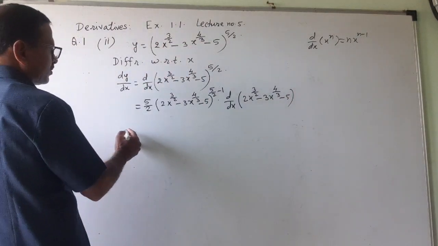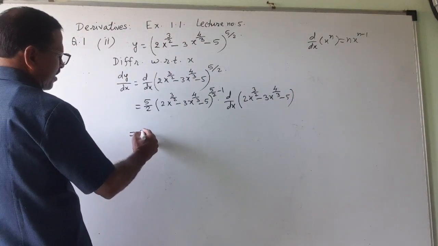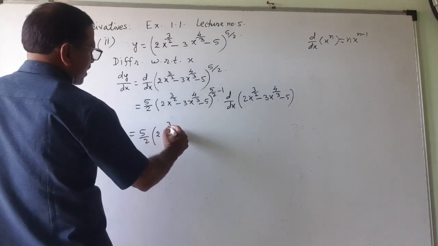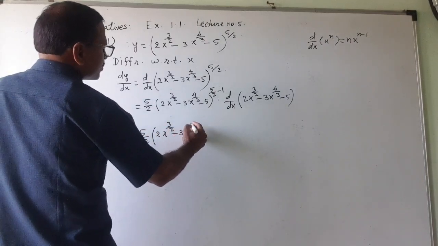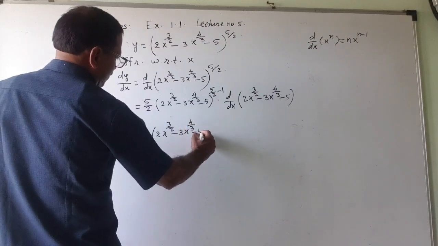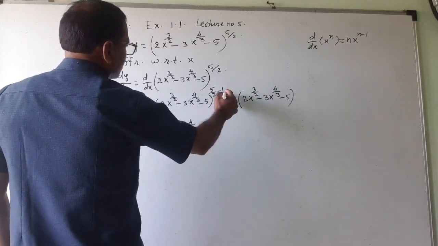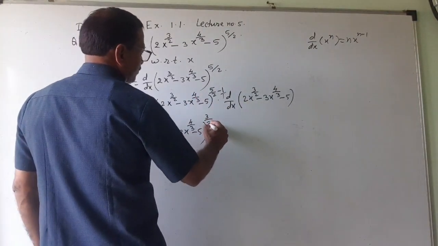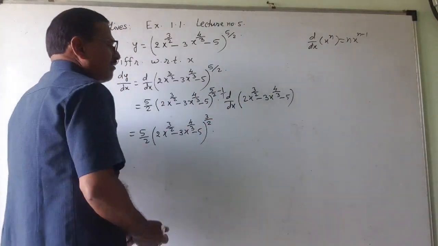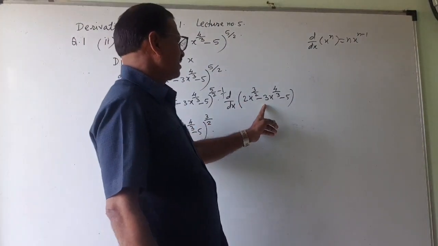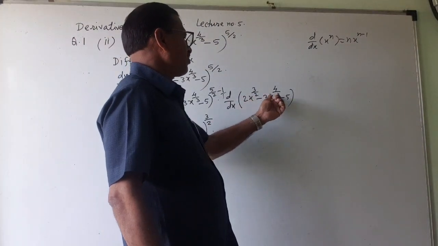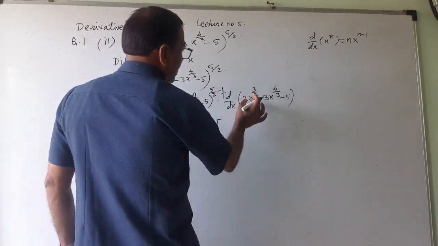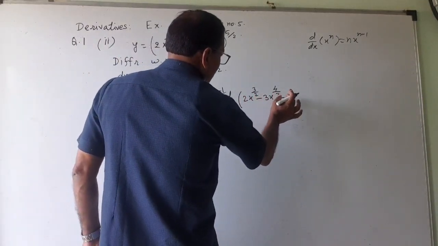So that is equal to 5/2 into (2x^(3/2) - 3x^(4/3) - 5) raised to, doing the subtraction, 5/2 minus 1, which is 3/2, into. Now I have to take the derivative of the individual terms. So I will put the bracket over here and write the derivative of this, this and this.